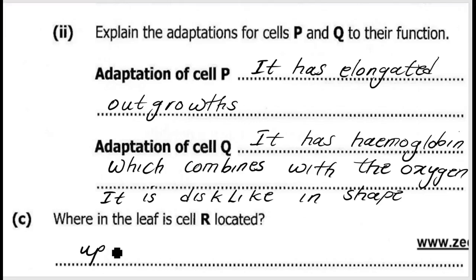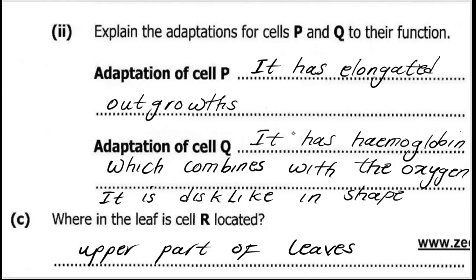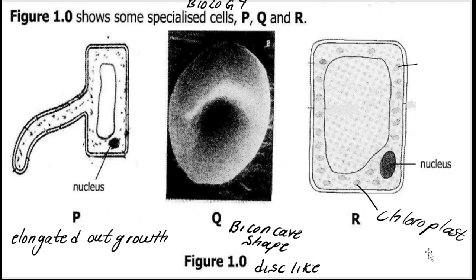So it is located on the upper part of leaves because it is responsible for the trapping of sunlight, because it contains the chloroplasts which trap the sunlight, and that sunlight is used for photosynthesis.